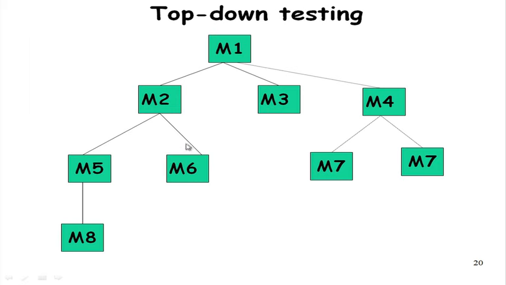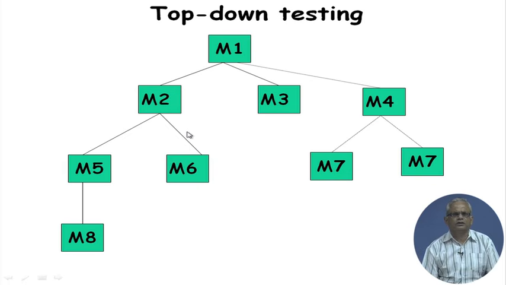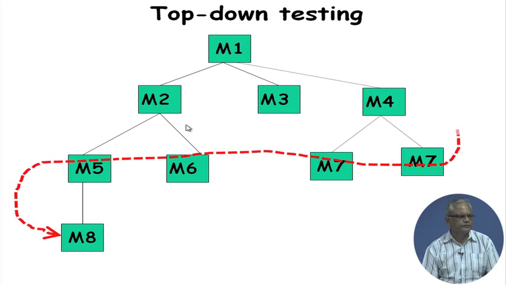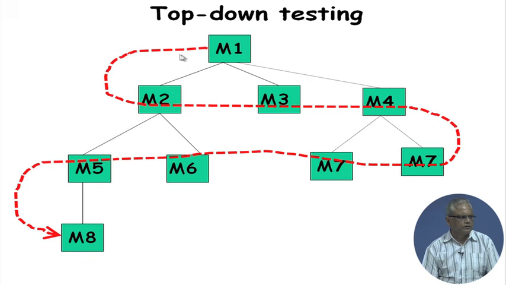If we want to show diagrammatically the order in which the modules are integrated, we start with the topmost and then integrate a subordinate module M1 with M2, and then integrate M1, M2 and M3 together.